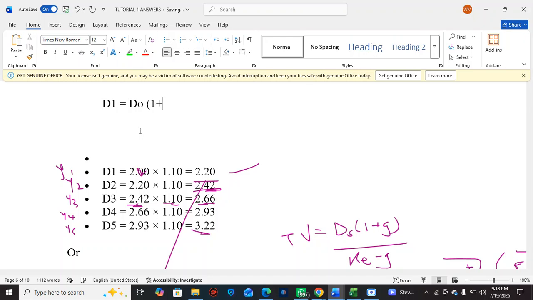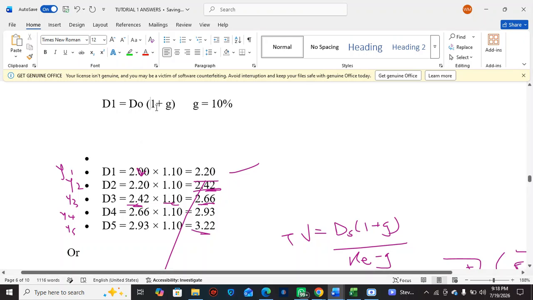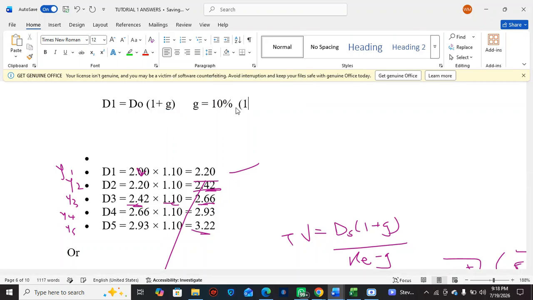Remember the growth rate is 10%. So the growth factor, 1 plus g, is 1 plus 0.1 in decimal form, so the growth factor will be 1.1.